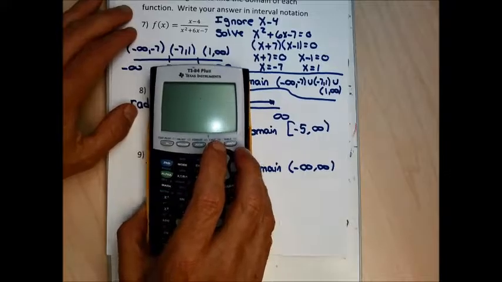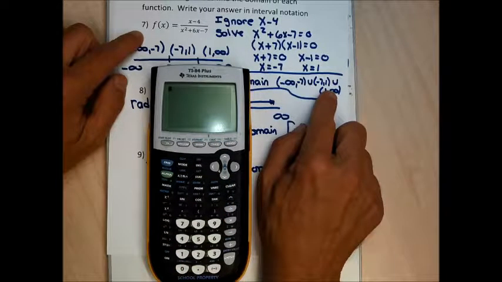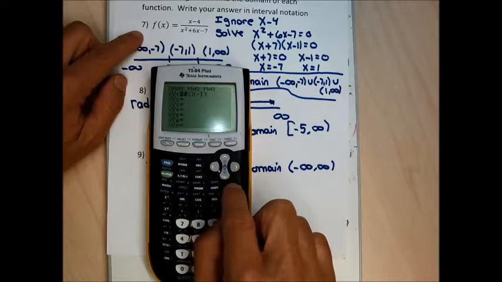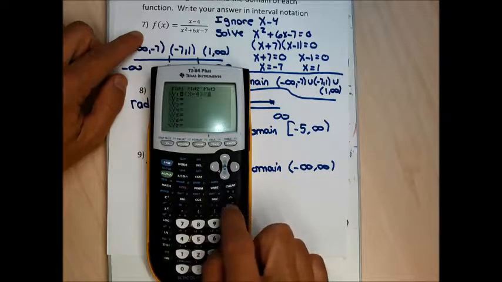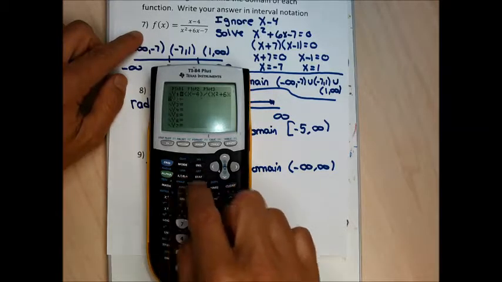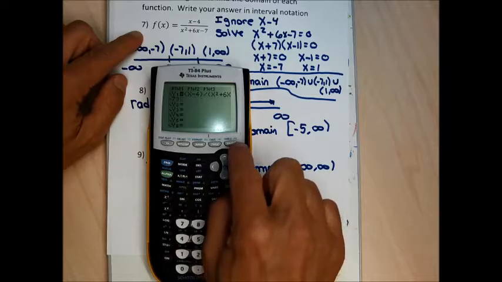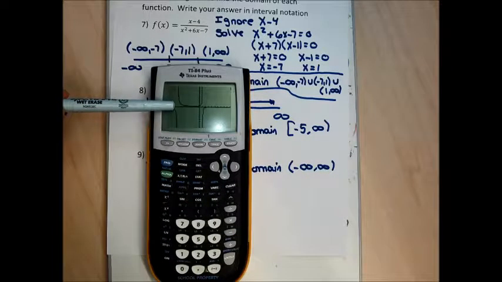I'll show you by graphing why this domain is every number except negative 7 and 1, by graphing the function x minus 4 divided by parentheses x squared plus 6x minus 7. When I graph this, the graph has a break at negative 7 and then again at 1.